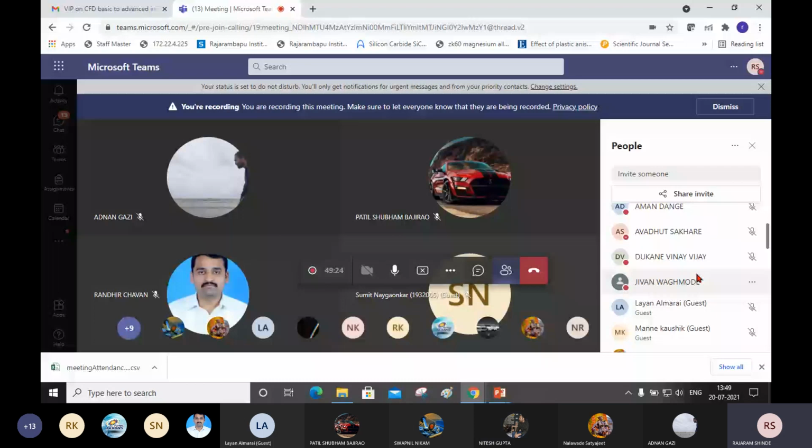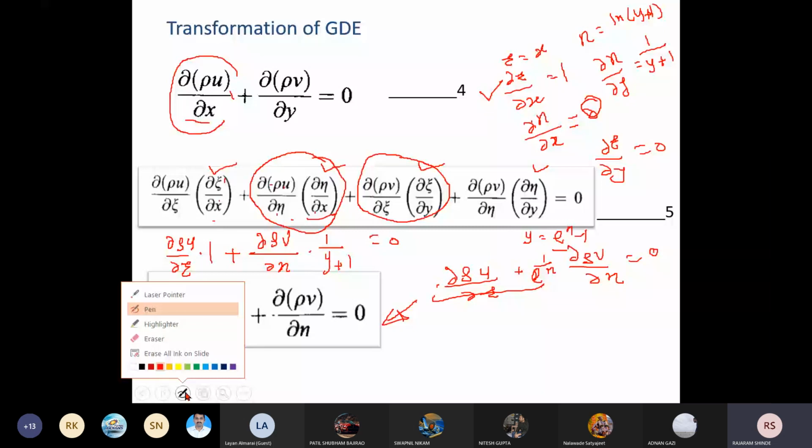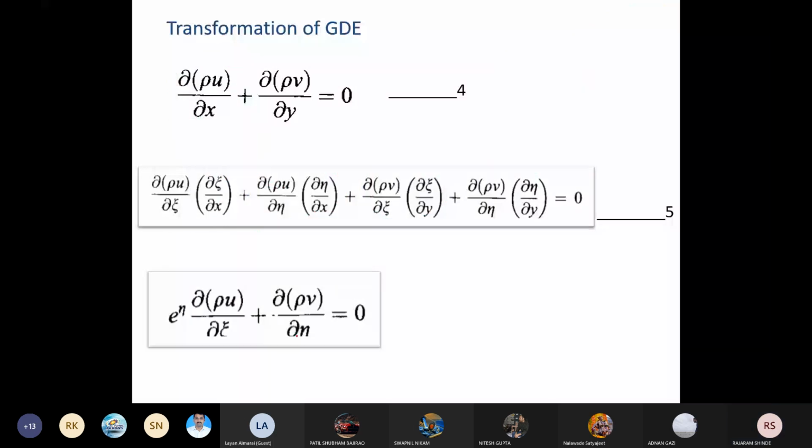Now this is your formal transformation. You can see here that by inverse transformation also you will get the same thing. Now how can we get the same thing by inverse transformation? Now you have the inverse transformation.